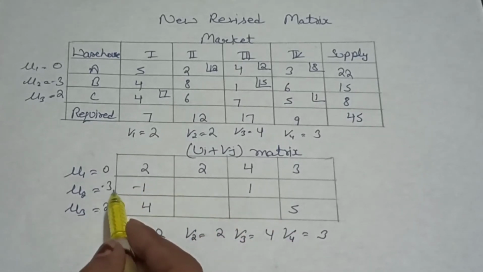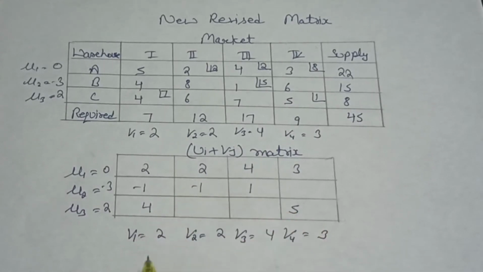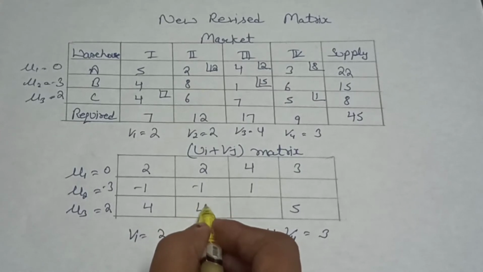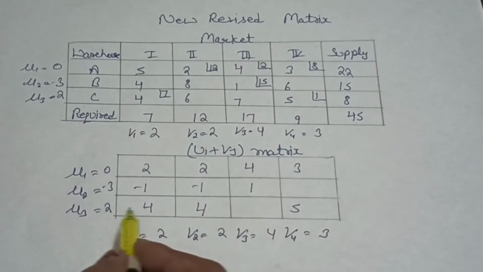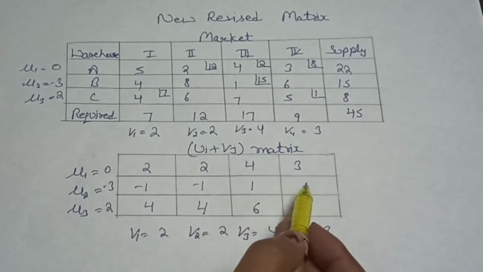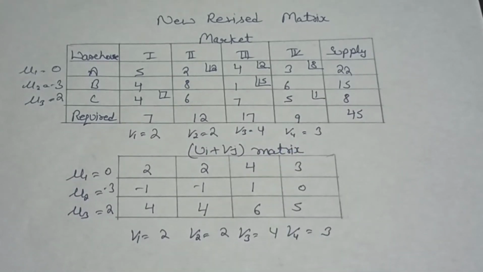For this cell, minus 3 plus 2 is equal to minus 1. For this cell, 2 plus 2 is equal to 4. For this cell, 2 plus 4 is equal to 6. For this cell, minus 3 plus 3 is equal to 0. So students, you can see we have calculated this ui plus vj matrix.